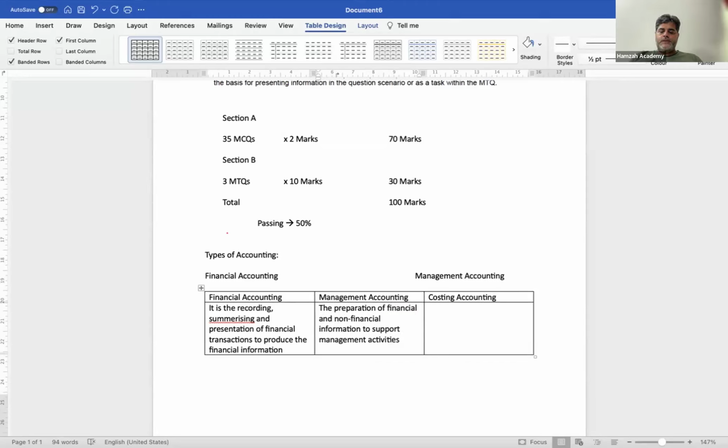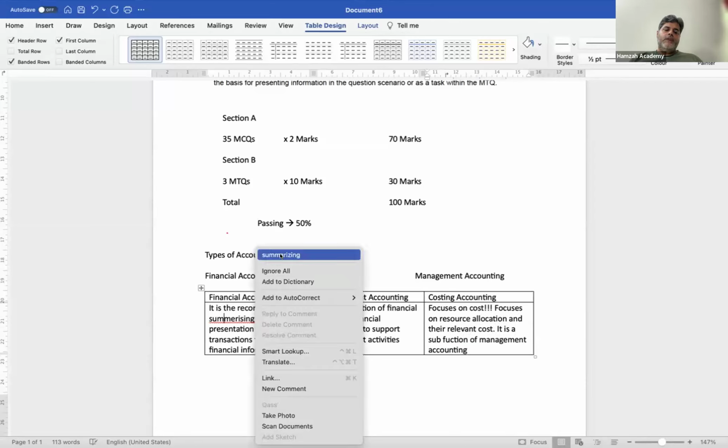And if we talk about cost accounting, it focuses on costs, right? It focuses on cost, on resources or resource allocation and their relevant cost. It is a sub-function of management accounting, right?